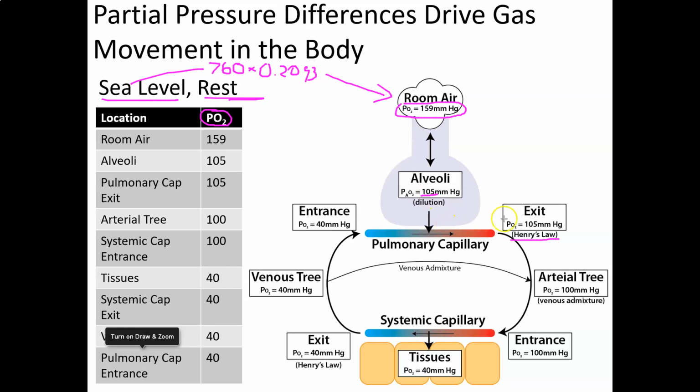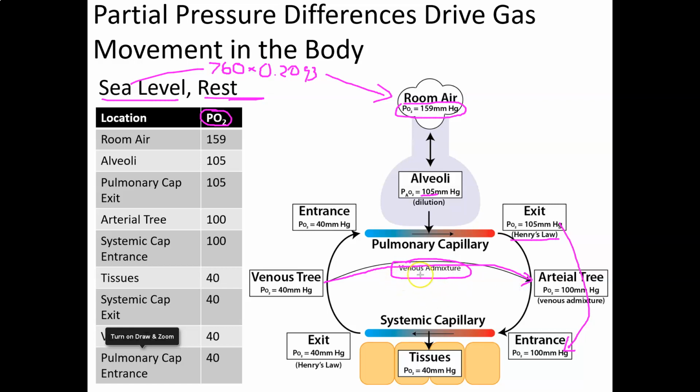Now, as we move through the systemic circulation, there's no exchange that happens, but notice we go from 105, and I'll draw the arrow to the entrance of the capillary system for the systemic side, and notice it drops down to 100. The reason it drops down to 100 is what we call venous admixture. Notice we have an arrow starting on the venous side and going all the way over to the arterial side.